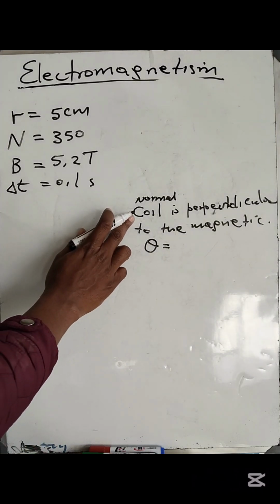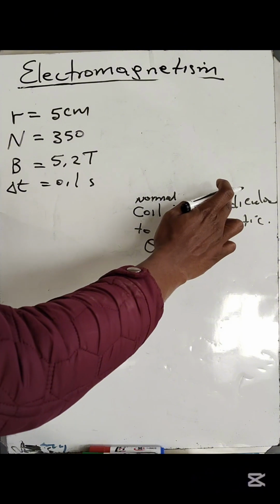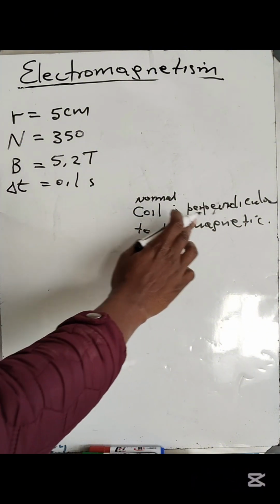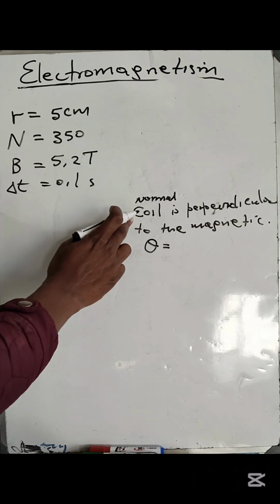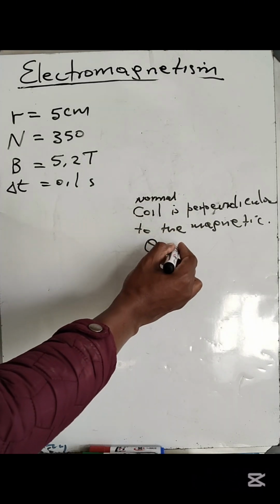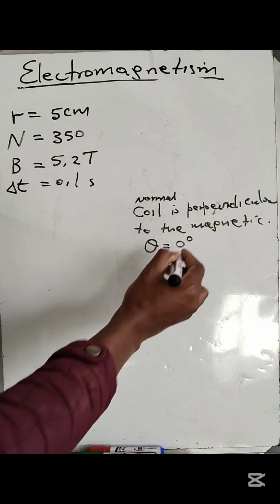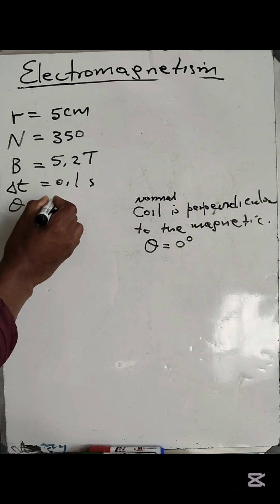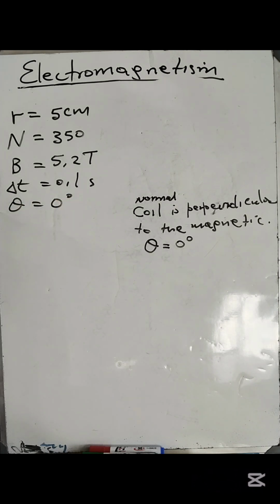But the coil is perpendicular to the magnetic field, which means the normal is parallel. When the coil is perpendicular, the normal is parallel. So the angle there is 0 degrees. Theta is equal to 0 degrees.